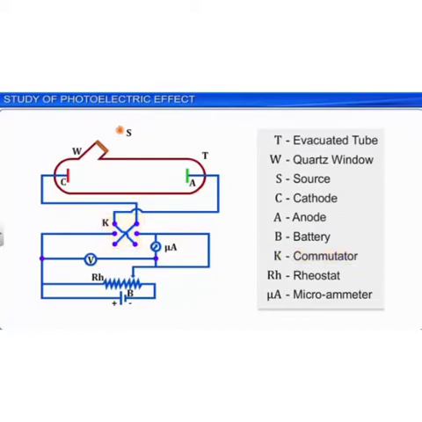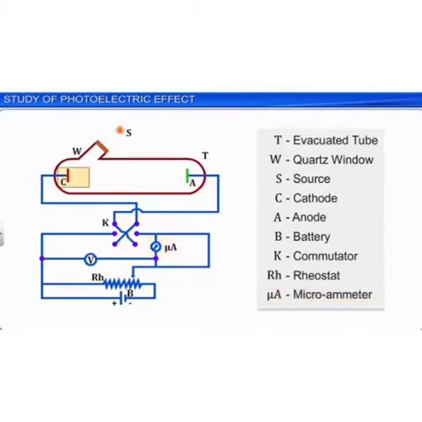The apparatus also consists of a rheostat RH, which can be used to adjust the potential difference applied between cathode and anode, and a microammeter A, which measures the photoelectric current in the external circuit.